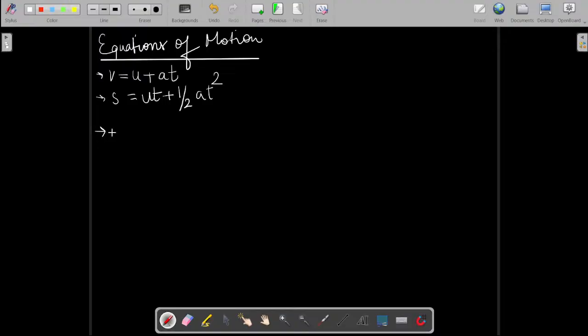V is equal to U plus AT. I can also write that as U is equal to V minus AT. See, different derivations, different equations are there.